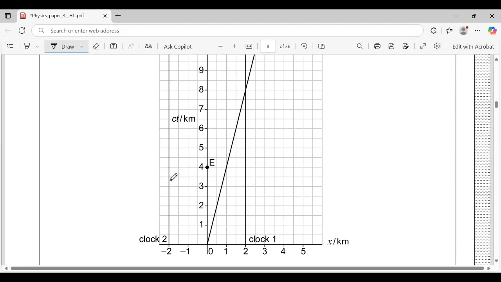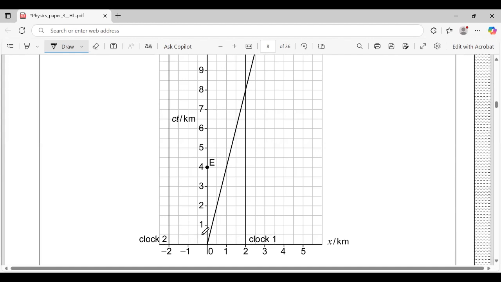If you look at the diagram, clock 1 is at +2 and clock 2 is at -2, so it means at x equals 2 kilometers and x equals -2 kilometers.